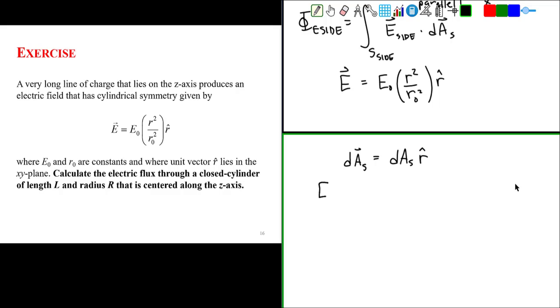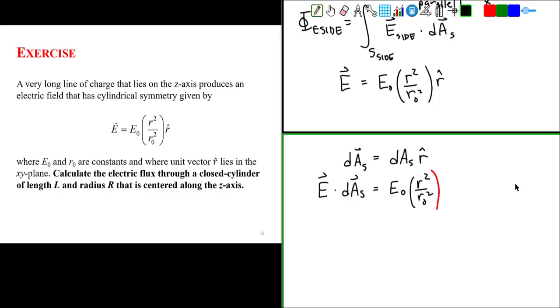that will also be in the r hat direction. So the dot product between the electric field vector and the area vector, well, we could take the dot product of the components. That's easy because they both have the same component. E naught r squared over r naught squared is the r hat component, or the radial component, of the electric field.